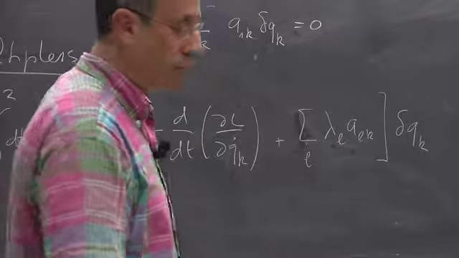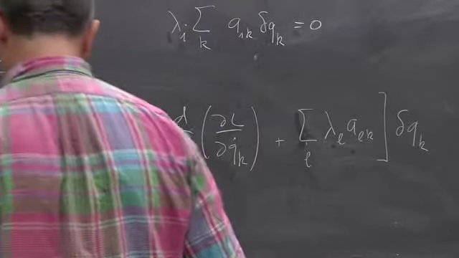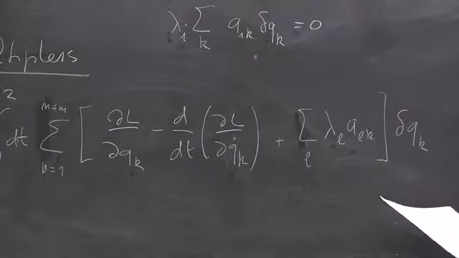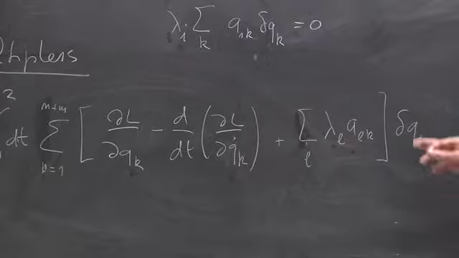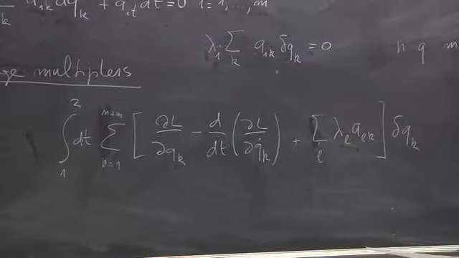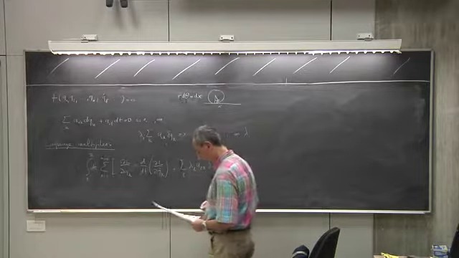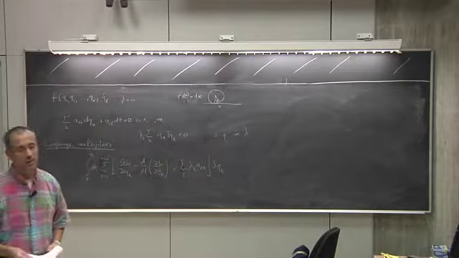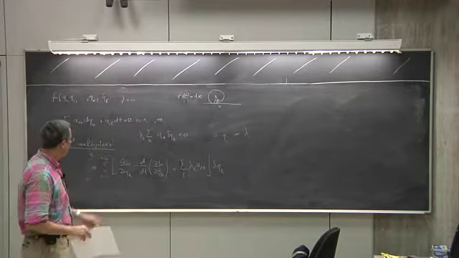So the system should allow you to solve, okay? So you have n q coordinates and m lambdas. So you have n plus m independent variables. And you have n plus m equations.